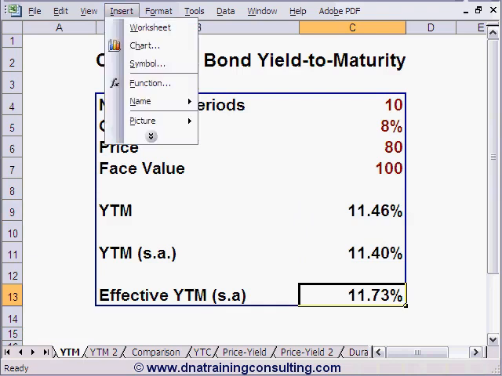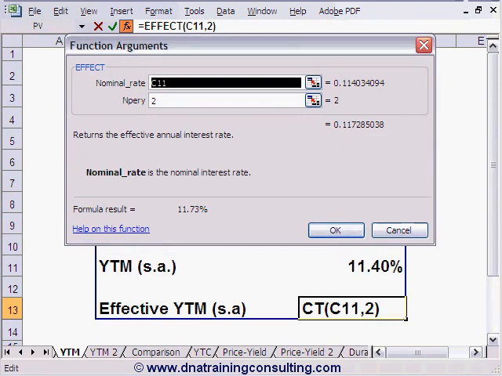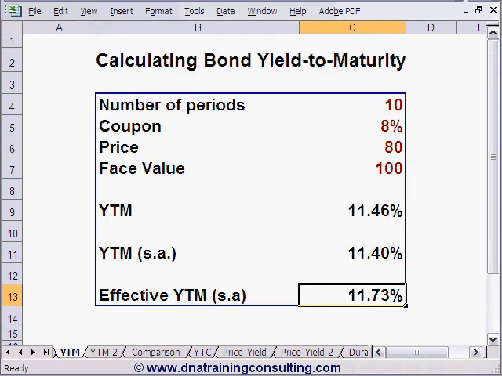Just to check on this, we open this particular function here and indeed notice that we appear to have converted the 11.40% from cell C11 into an effective yield to maturity of 11.73% when taking into account the semi-annual payment frequency and therefore the ability to reinvest. At this point, the 11.73% does seem quite rightly in line with and higher, as expected, than the 11.46% that applied to the bond with the same coupon but with only annual payment frequency.